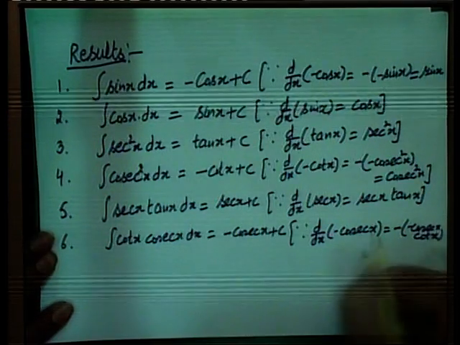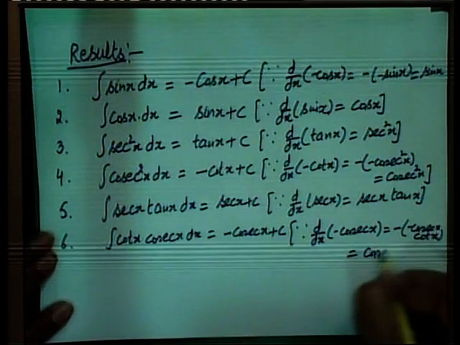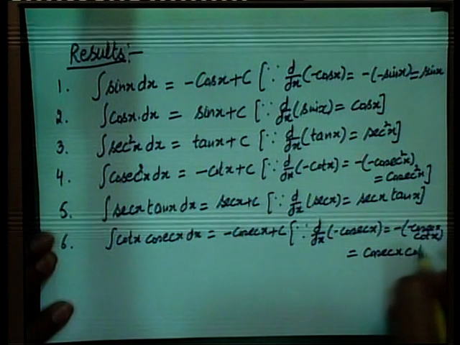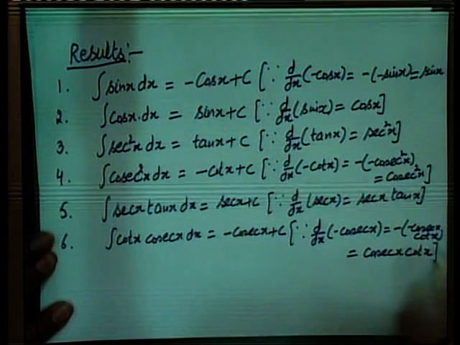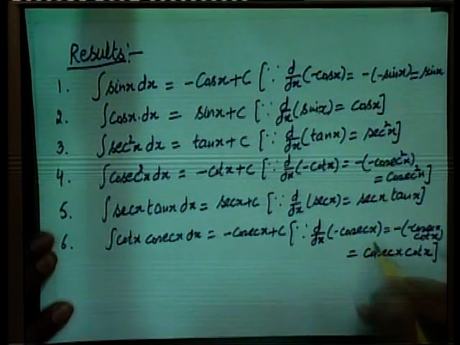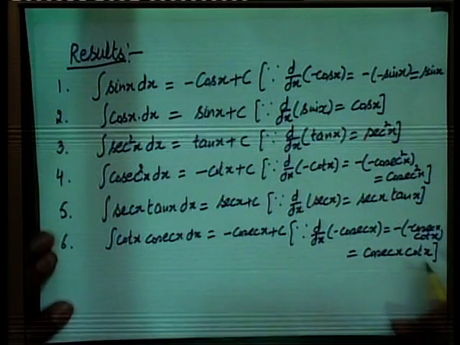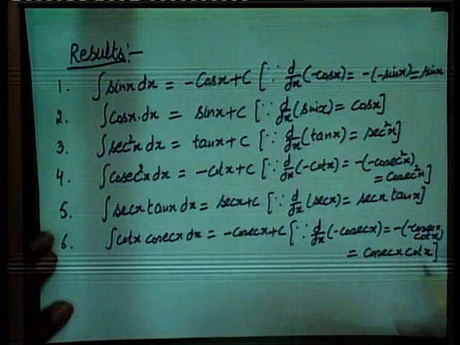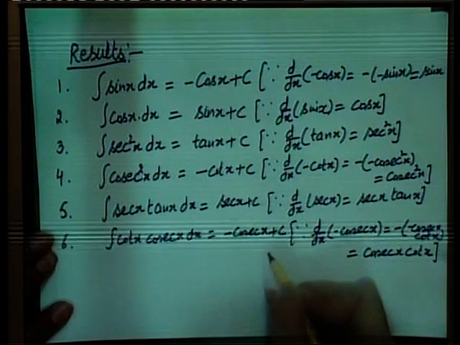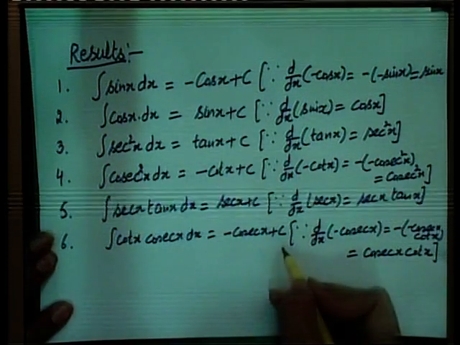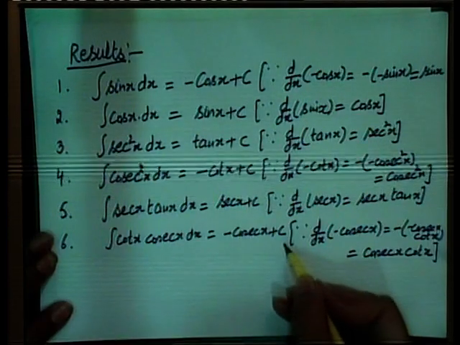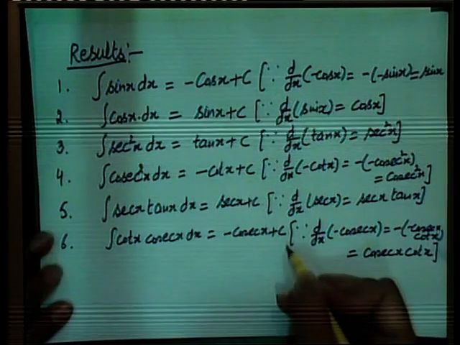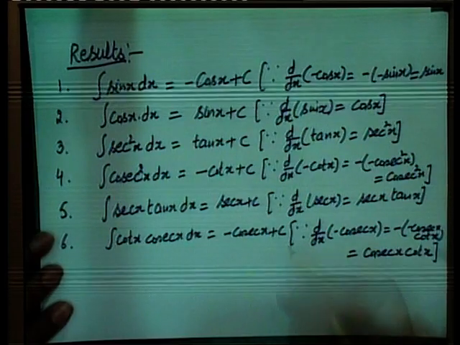Minus minus becomes plus, this is cosecant x cotangent x. Since derivative of minus cosecant x is cosecant x cotangent x, therefore, integral of cosecant x cotangent x is minus cosecant x plus c, where c I have already told you is a constant of integration.